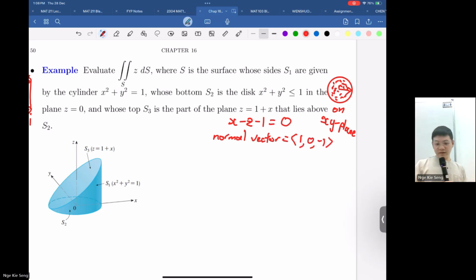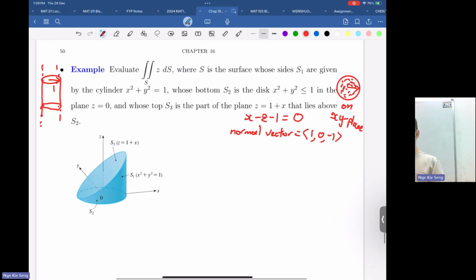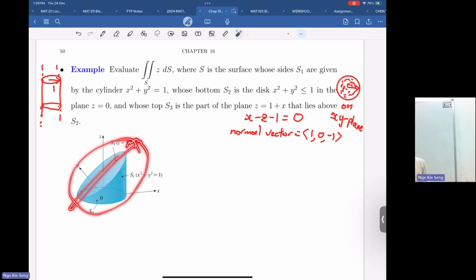It is okay if you pick minus 1, 0, 1, or you take the negative of it. It is just a difference in direction, but both vectors will be perpendicular to the plane. So if you take this and cut it off, you will get a plane like this.